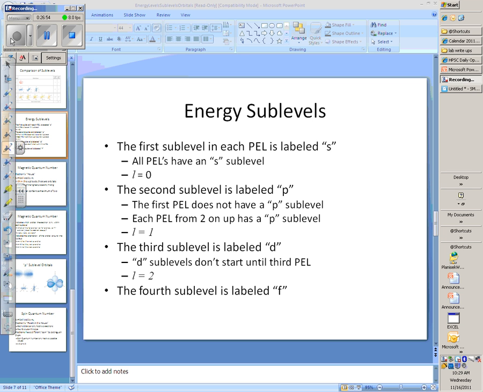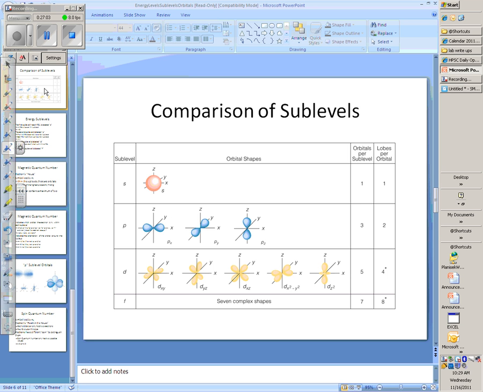Using the demonstration that we just did, I'm trying to show you the idea that if we go back to this picture, there's a reason why there's one sphere, there's a reason why there are 3 figure 8s, and there's a reason why there are 5 of these d orbitals in that picture. Because what we find out is that in real life, there is only one S sublevel.